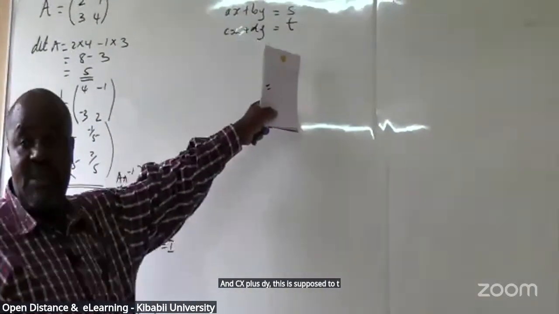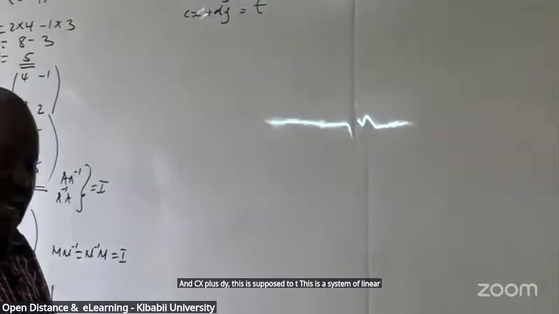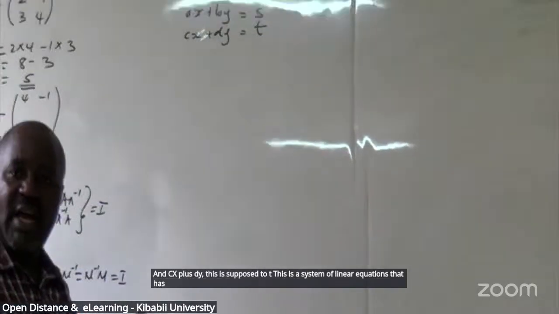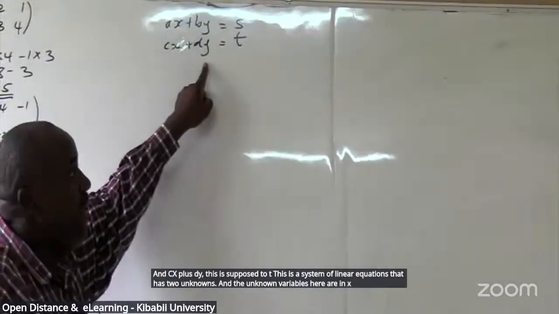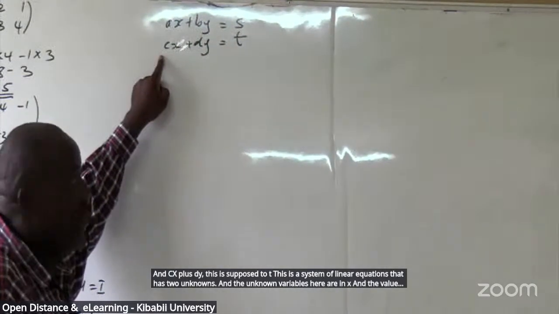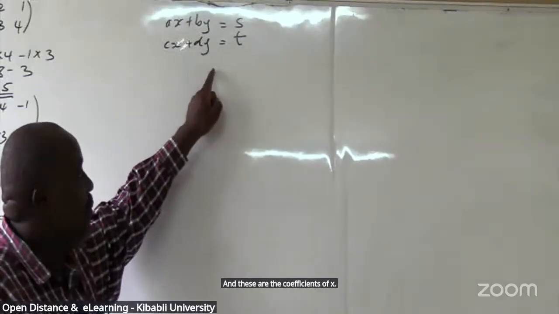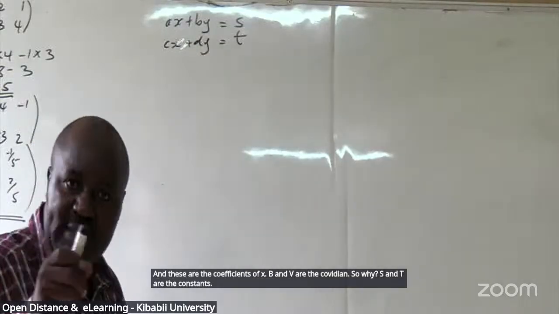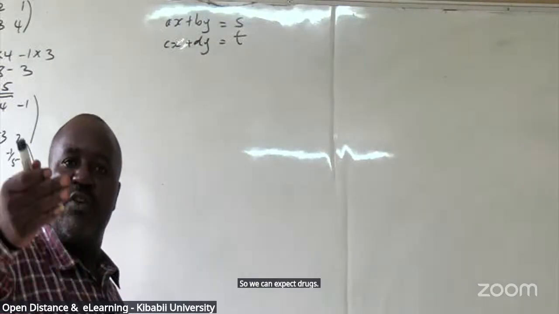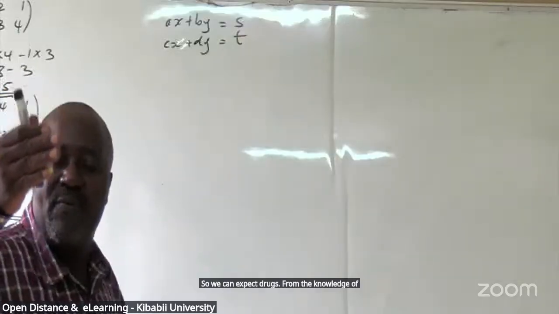This is a system of linear equations that has two unknowns, the variables x and y. a and c are the coefficients of x, b and d are the coefficients of y, and s and t are the constants. So we can extract from the knowledge of matrix algebra the following three matrices.